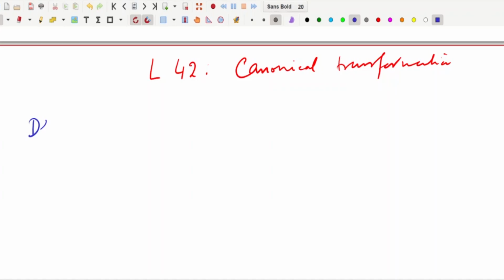In the last lecture we have seen the point transformation, that is, transformation between coordinates, and how it can be generated, so the generating functional for point transformation. Towards the end we defined the canonical transformation. So let us start by repeating the definition of canonical transformation, and we will continue.